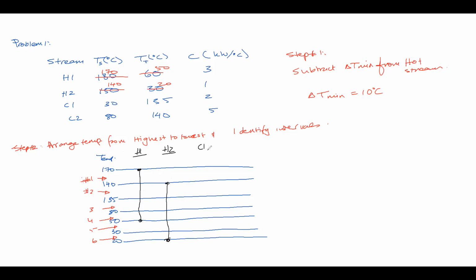C1 goes from 30 to 135, so I'm gonna connect 30 to 135. And C2 in this case goes from 80 to 140, in the other direction, right? I'll do this 80 to 140 right here. Okay, so after doing this, we need to build the interval table, right? So step 3 is actually building the interval table.